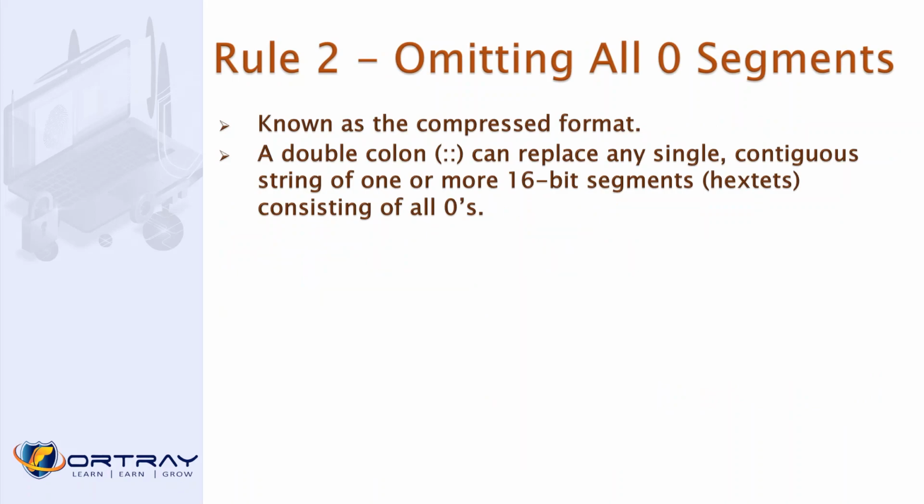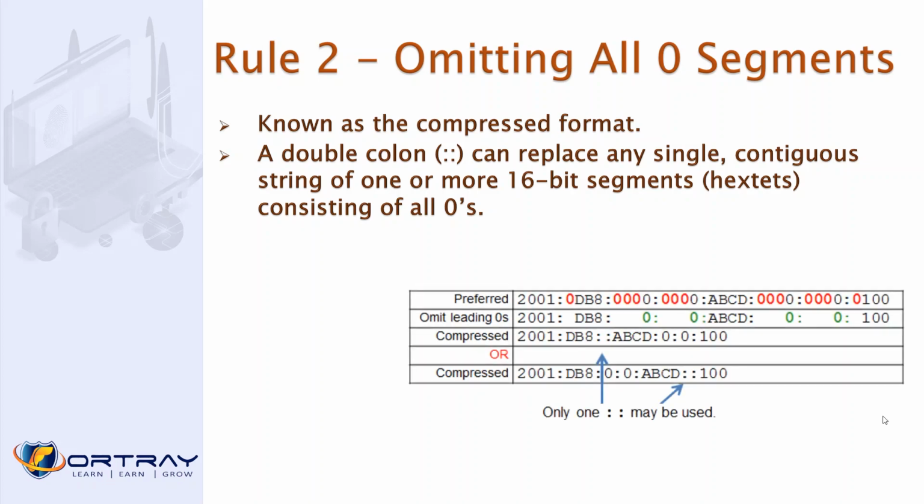A double colon can replace a single contiguous string of one or more 16-bit segments of 0s. So wherever there are continuous 0s, we can represent them with a double colon. But only once. You can use the double colon only once, so either here or here.